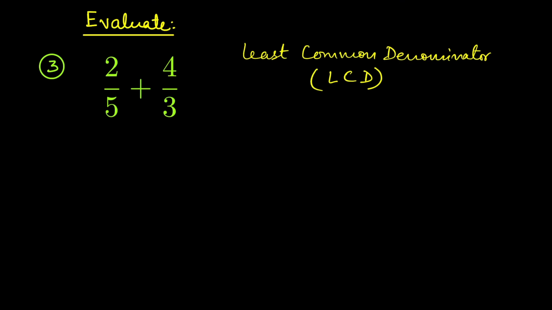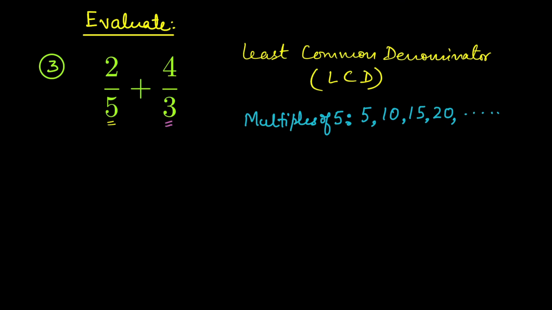How do we find this? The first denominator is 5, so we write the first few multiples of 5. 5 times 1 is 5, 5 times 2 is 10, 5 times 3 is 15, 5 times 4 is 20. Let us write the first 4, and if required we'll write more.